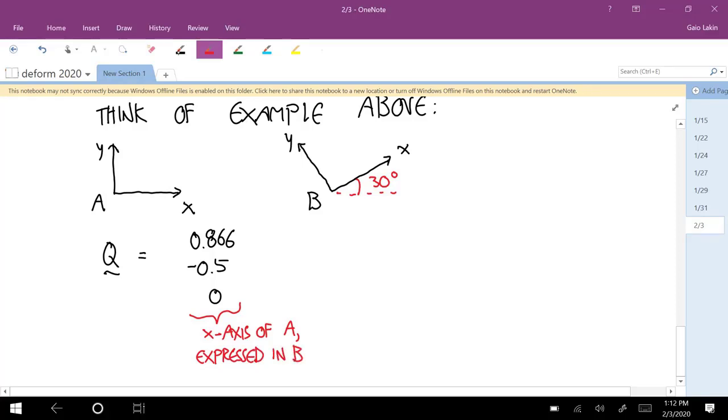Now take the y-axis of A and express it in this coordinate system. That's going to be positive 60. So positive 0.5, positive 0.866, 0.